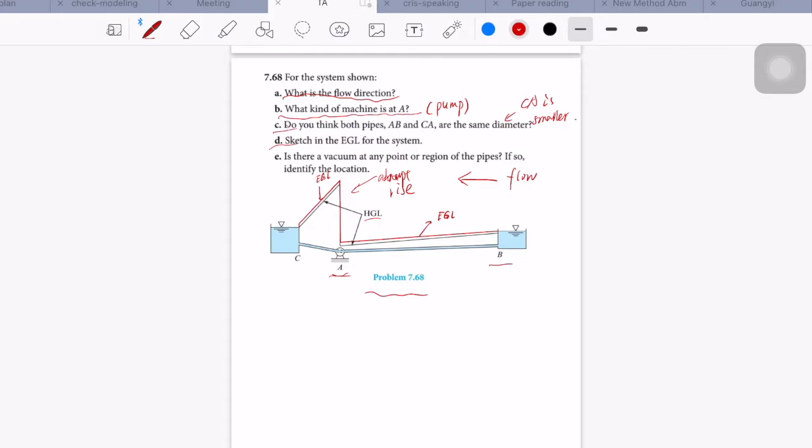And then there is an abrupt expansion, so we can see that the EGL drops to the surface of the reservoir. So we finish, and E, is there a vacuum at any point or region of the pipes? No. The answer is no. There is no vacuum at any point of the pipes. So we finish this problem.